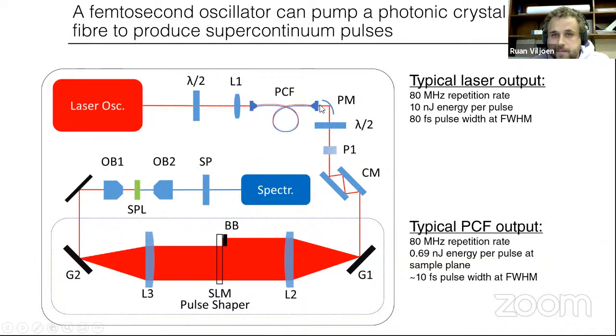The light that's produced by the PCF is taken to a pulse shaper, which is a grating pair and a lens pair in a 4F shaper geometry with a spatial light modulator placed at the center. What's special about this is that light that hits the grating is dispersed into its frequency components, and this lens L2 does a one-to-one mapping of frequency component to spatial coordinates in this plane where the SLM is placed.